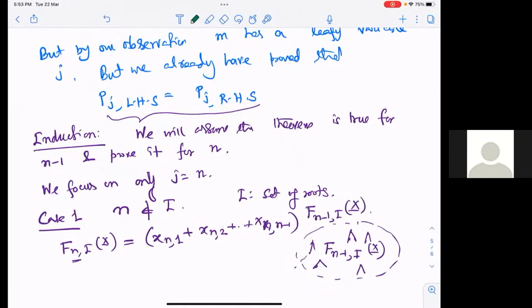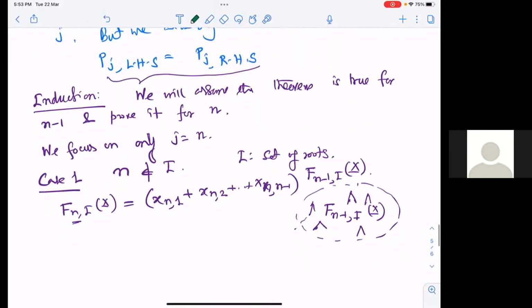Is it true? Everybody followed why I directly jumped and wrote that? This is because every term of f n minus 1 ix is a monomial for a forest, right? And this forest will have variables 1 to n minus 1.